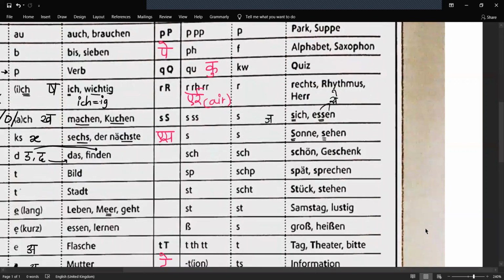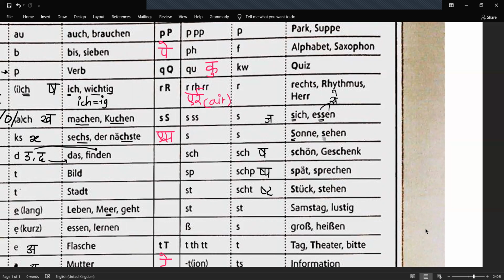Then the next is SCH. So that is sh again. Schön, Geschenk. SP, spät, sprechen. Now ST, you can see here, it has two sounds.